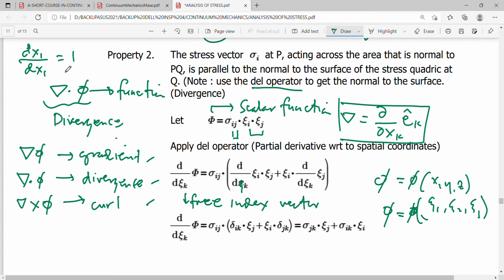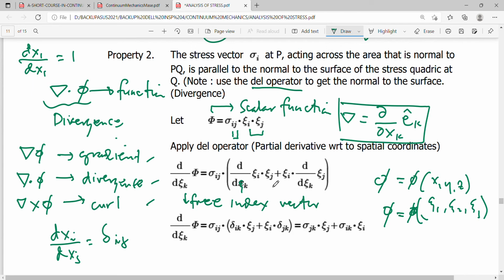If I differentiate x2 with respect to x2 is equal to 1 also, and so on and so forth, such that I will now create a diagonal matrix equivalent to this identity matrix. So take note of this. The derivative of xi with respect to xj, or whatever variable you're using, in this case it's xi, is simply equal to delta ij. And also, the derivative of xi j with xi k is a delta jk.